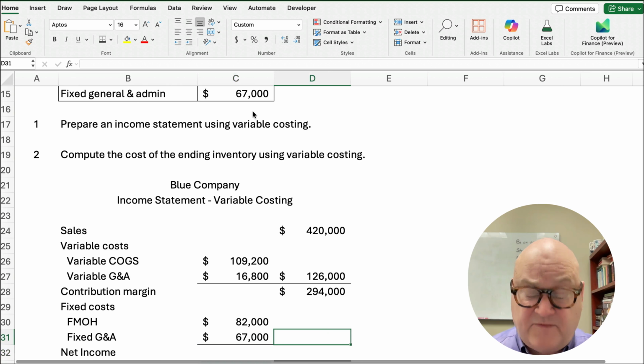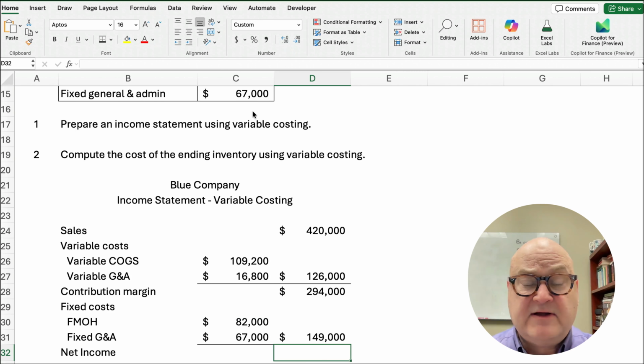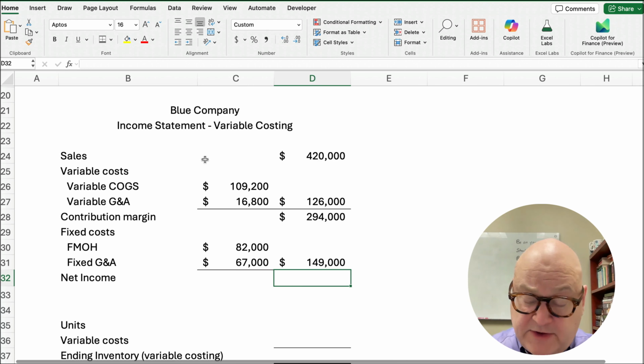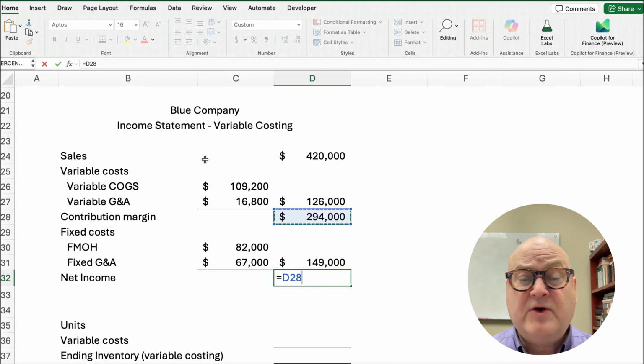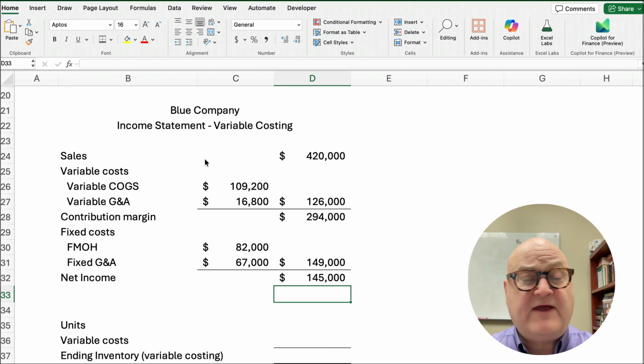So our total fixed cost is going to be 82 plus 67 for a total of 149,000. So what we're going to do to find net income, we'll take 294 minus the 149, and we're left with 145,000 of net income. So our variable costing income statement has sales at the very beginning, minus variable cost gives us contribution margin, minus the fixed gives us net income.